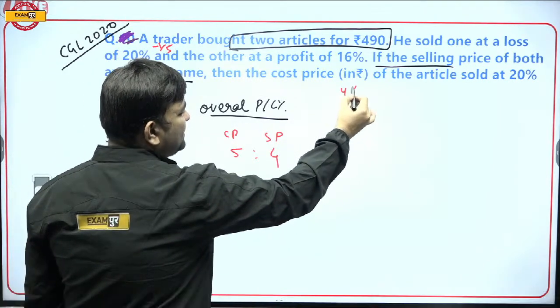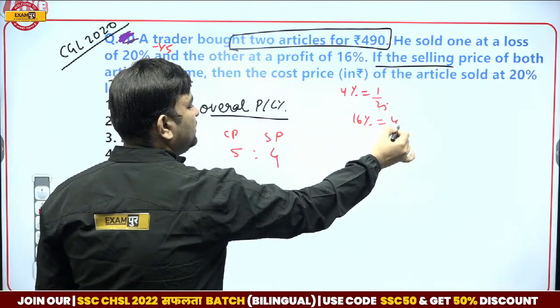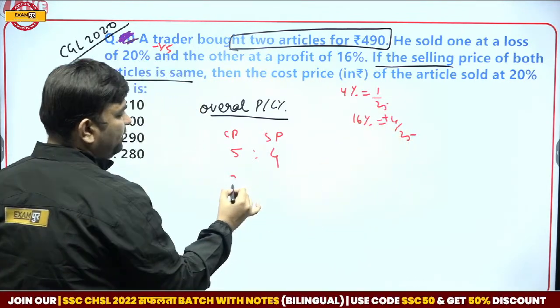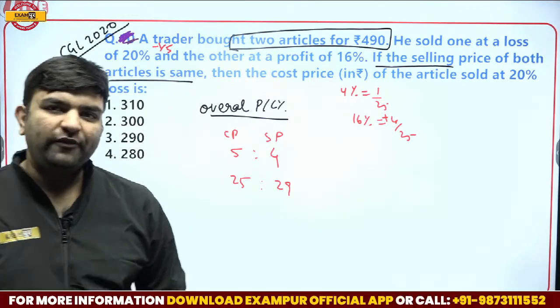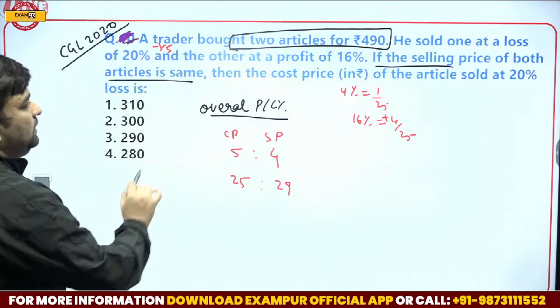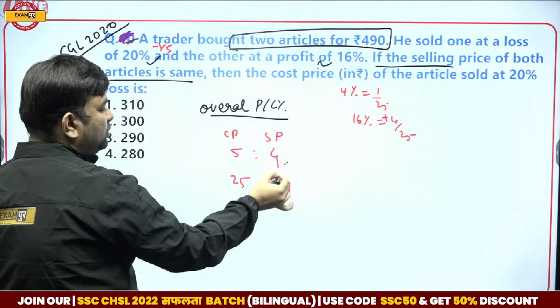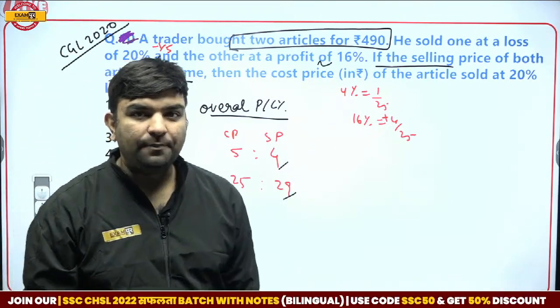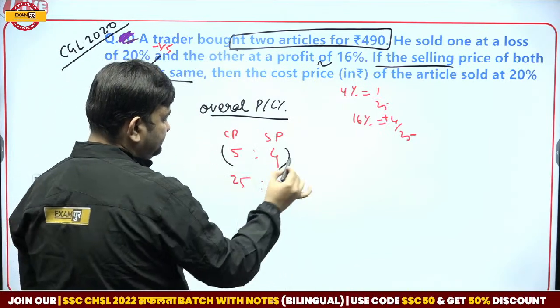Now 4% is 1 by 25, so 16% is 4 by 25. So 25 sold for 29. This is maintained. Now the selling price of both should be the same, so maintain this as well.